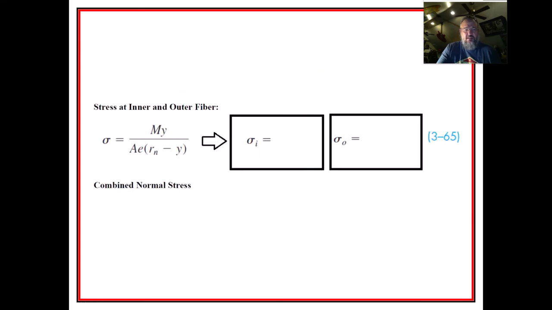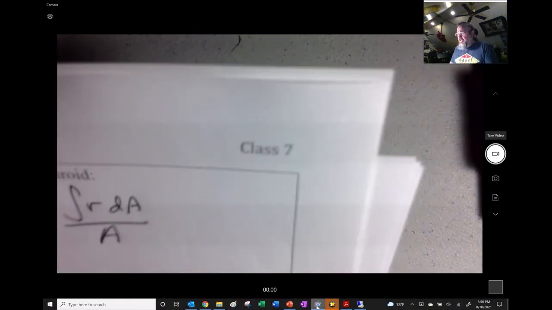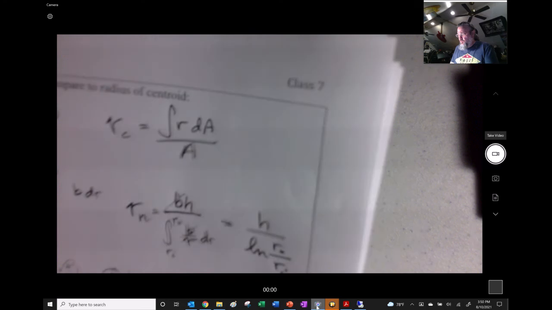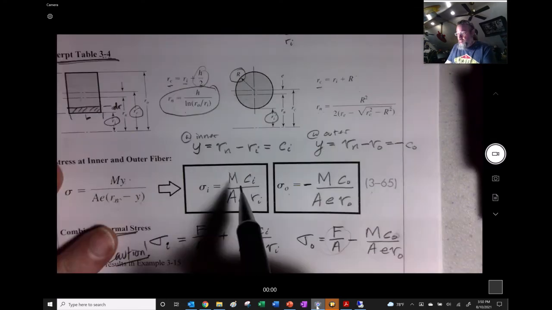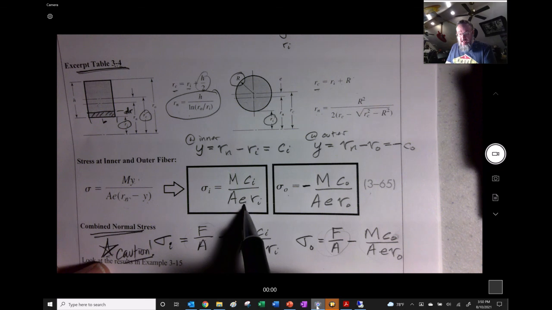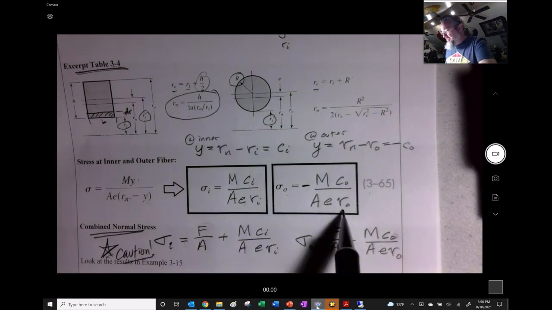There's one last thing I wanted to point out in the book, is that one of the things that we're going to need to calculate for this is e. E right there, and you notice that Rn is not in here.